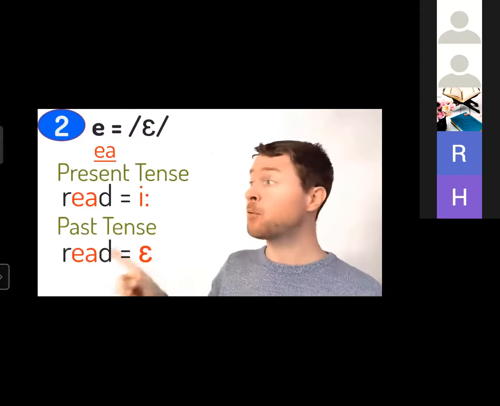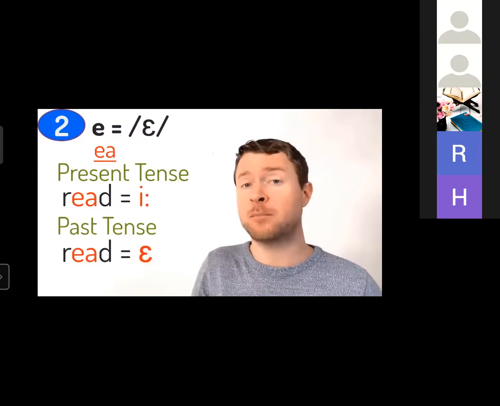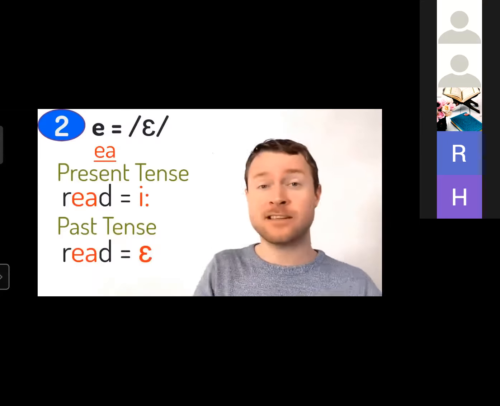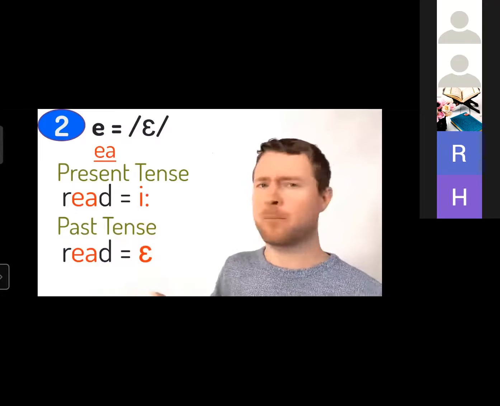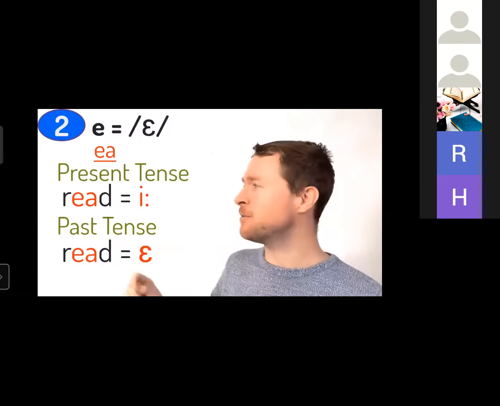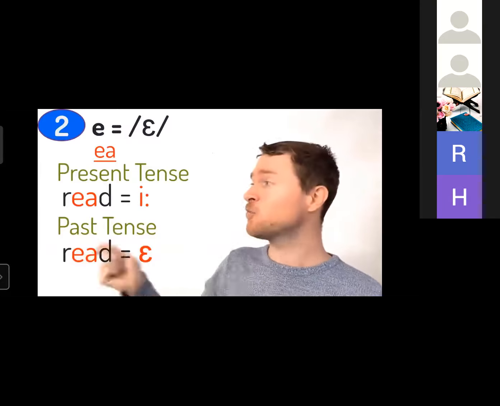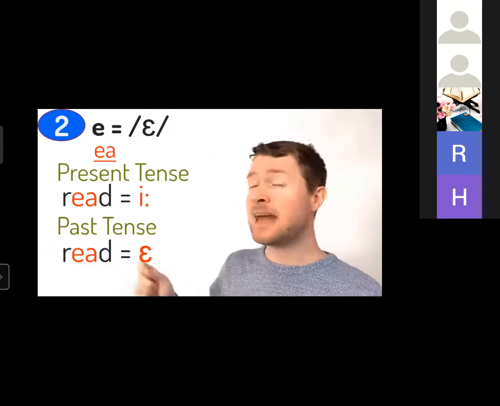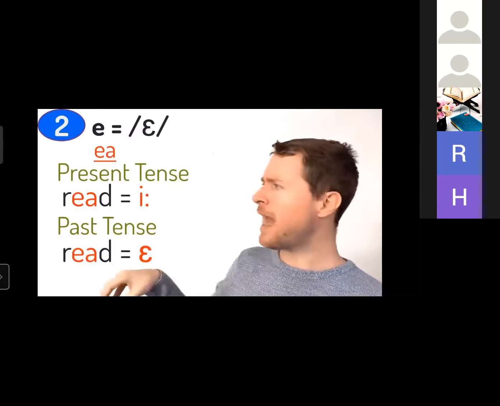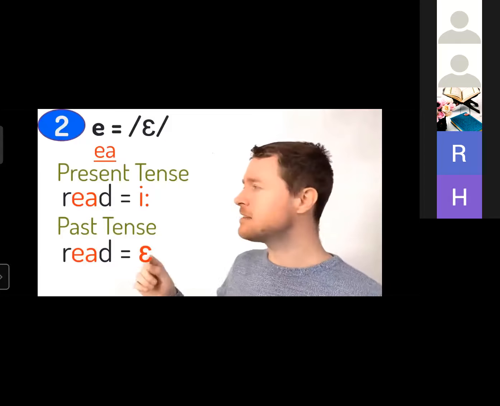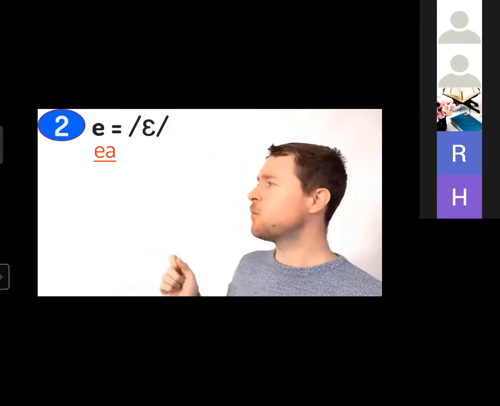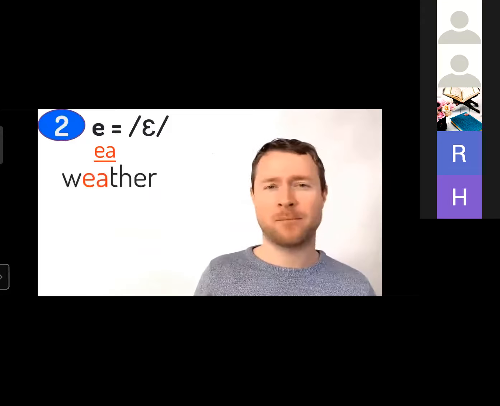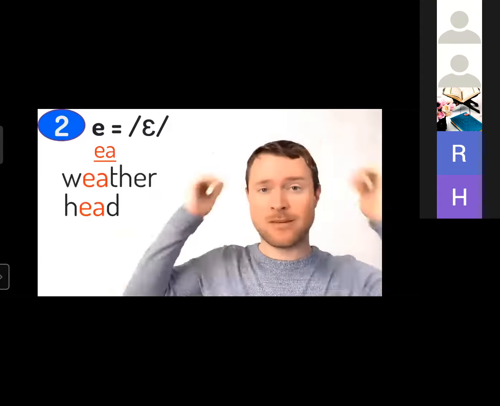Read in the present tense is I read a book. But in the past, it's I read a book. But the spelling is exactly the same. I know, English can be a little bit crazy sometimes. So EA can be pronounced E or E. And in many, many cases, EA is pronounced E. Try these words. Weather. Head.